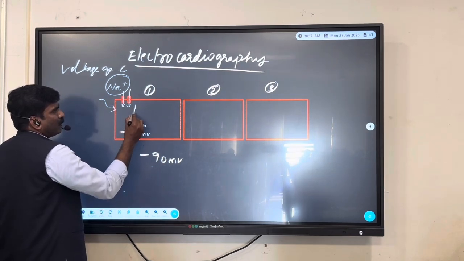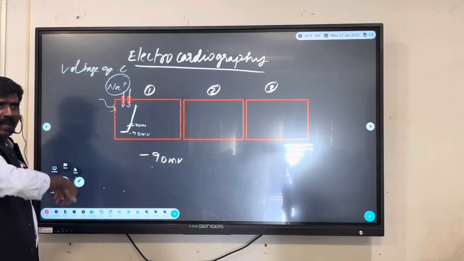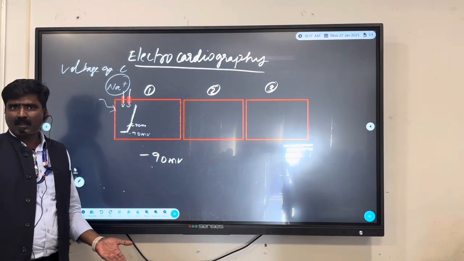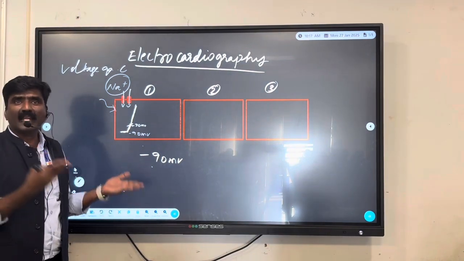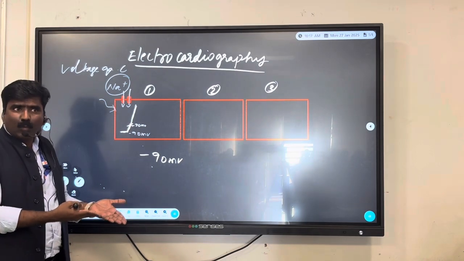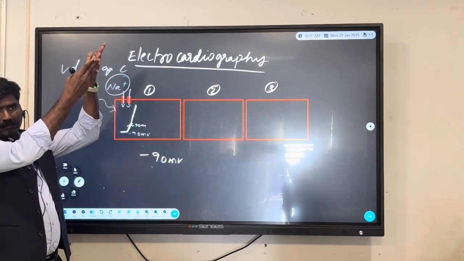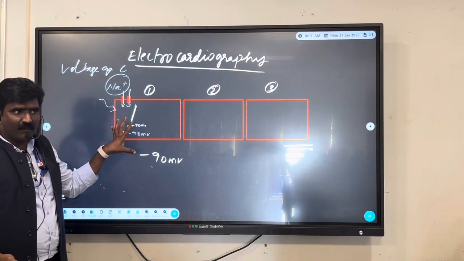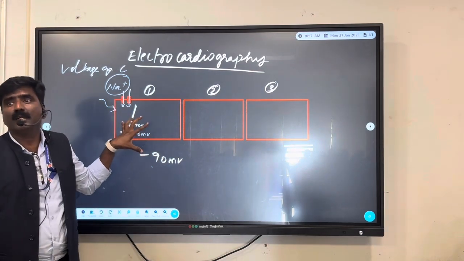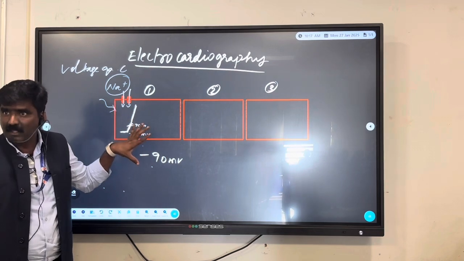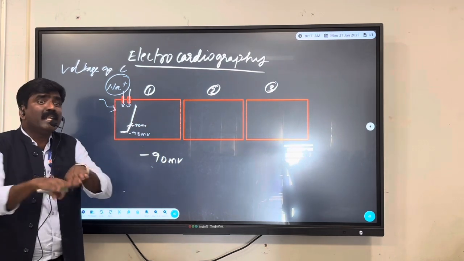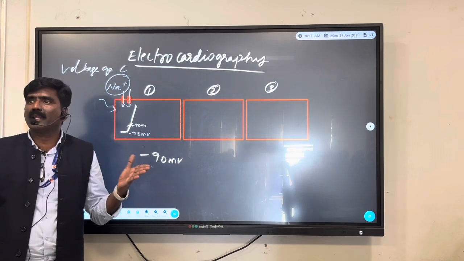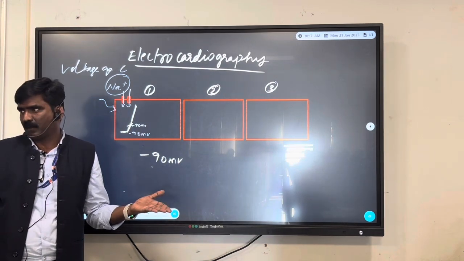Because sodium is entering, more positive charge enters the cell. Previously it was negatively polarized, now the cell is depolarized. This we call depolarization of the cell.